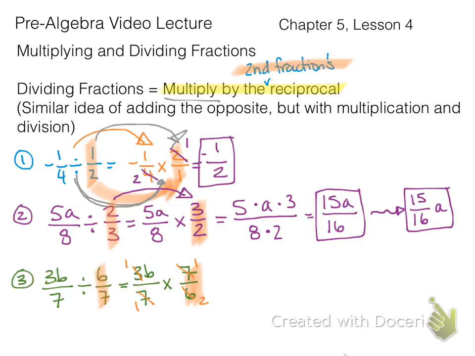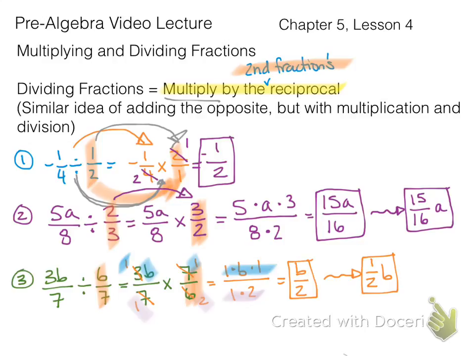So we've got 1 times b times 1, because we have the 1, the b, and the 1, right? And then we also have the 1 and the 2 there, which is the 1 times 2. Well, 1 times b times 1 is just b, and 1 times 2 is 2. So that equals b over 2, which can be rewritten as 1/2 b. Okay, I'm done. Bye, guys.